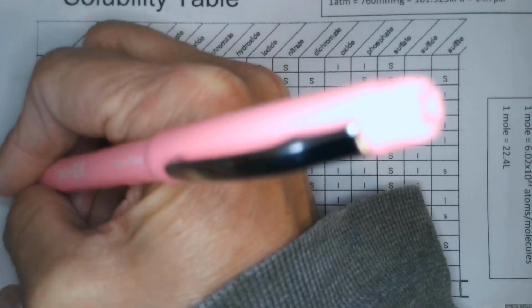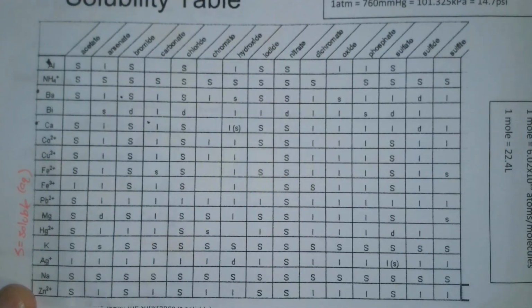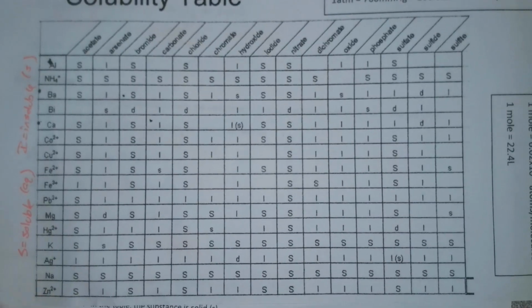And if it's soluble, it will be an AQ. I in this table means insoluble. And if it's insoluble in our equations, it would be an S. So that's the unfortunate thing about it. S in this table does not mean solid. S in this table means it's an AQ.